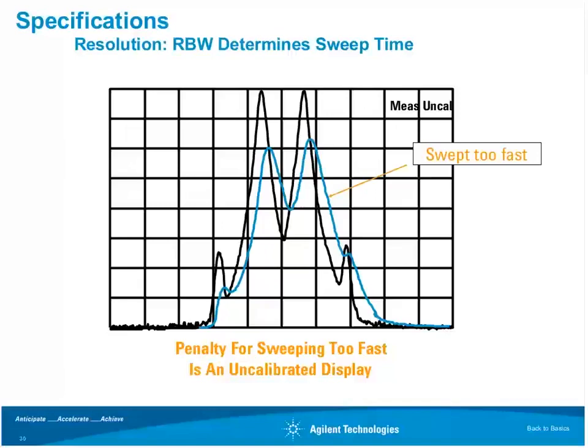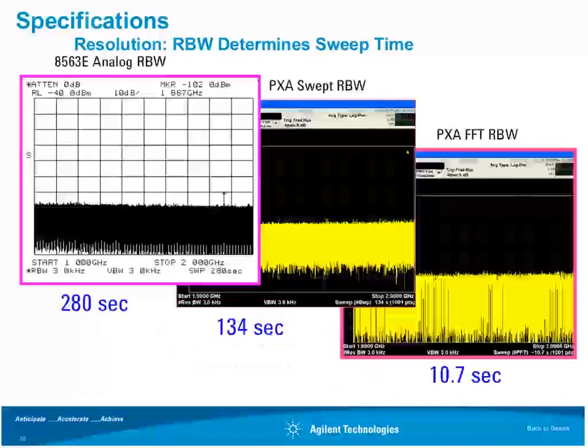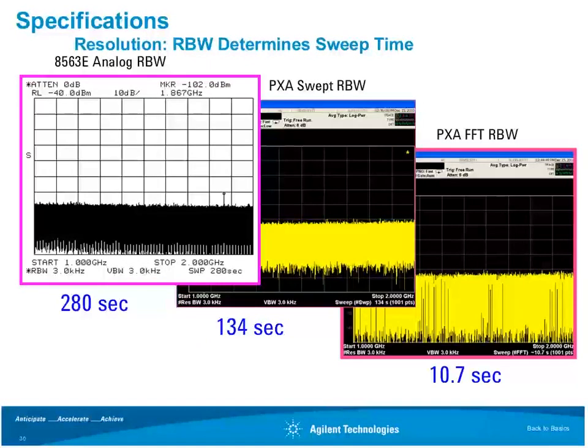And so if you try to sweep a narrow filter too quickly, you get this kind of phenomenon where you lose amplitude and you get frequency pulling because you're just trying to sweep through that filter too fast and it doesn't even have time to fully charge. So that's why you want to use a narrow enough filter to resolve the signals, but not too narrow to slow down your measurement too much.